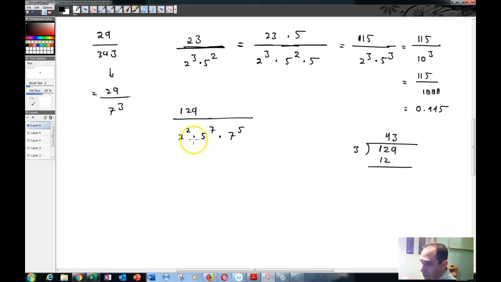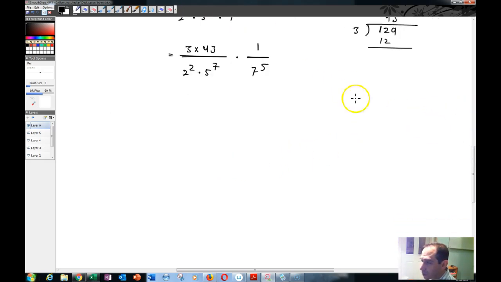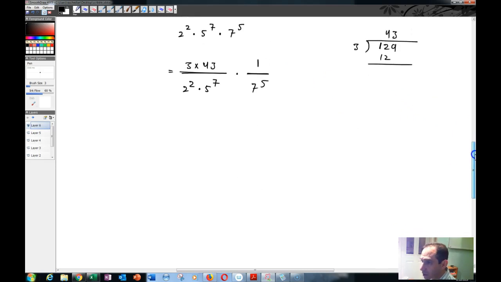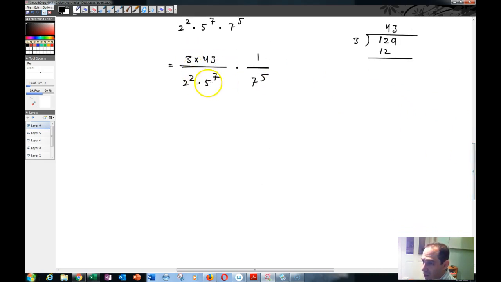So what that means is that you can write this number as 3 times 43 over 2 squared times 5 raised to the power 7. And then, since this number is not going to help you much, you can take it out, times 1 over 7 raised to the power 5. And then, if it's necessary really, you can add 5 factors of 2 here.